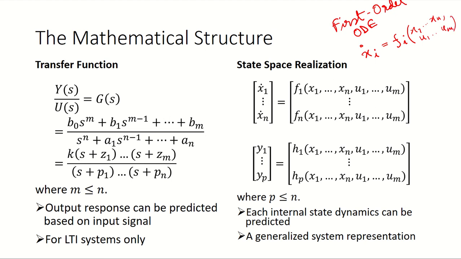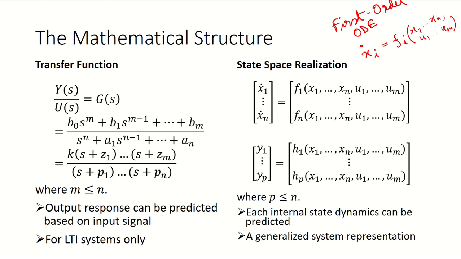So if there are m number of inputs, this is the function. Suppose I am talking about x1 dynamics: it is in general a function of all the states and all the inputs present in the system.